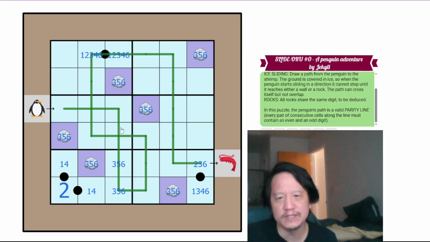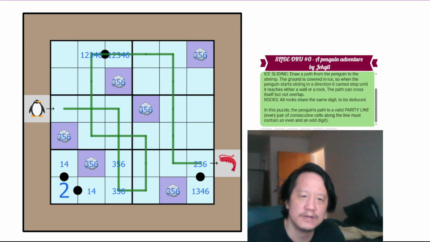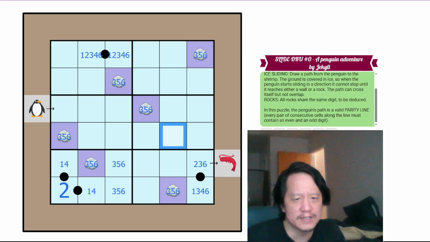But then is that considered overlapping? I don't know. Yeah, I'm not sure what that means. I think that's the only path you can really go, though.